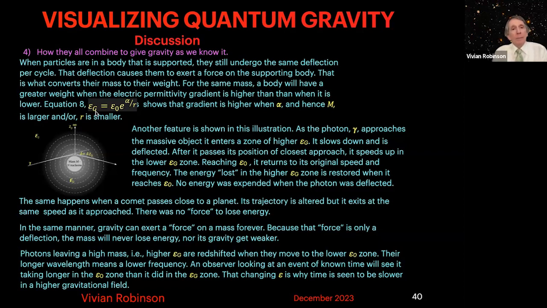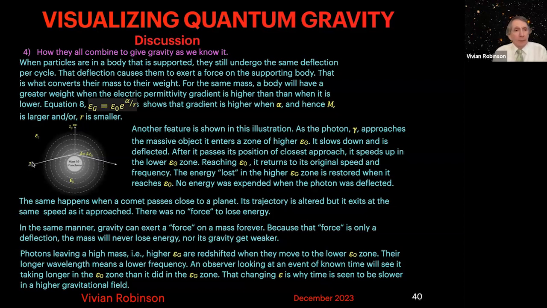This equation shows that the gradient is higher when alpha, and hence m, are larger and/or r is smaller. Of course, that's a property of mass. That is a property of gravity. Another feature is shown in this illustration.